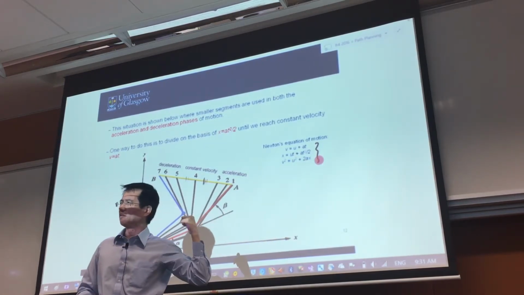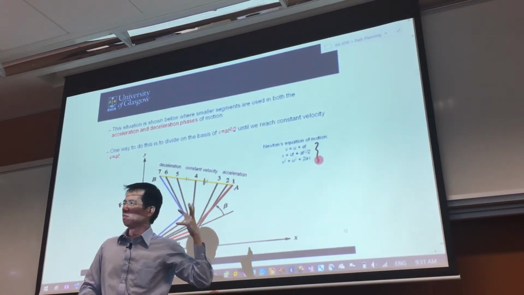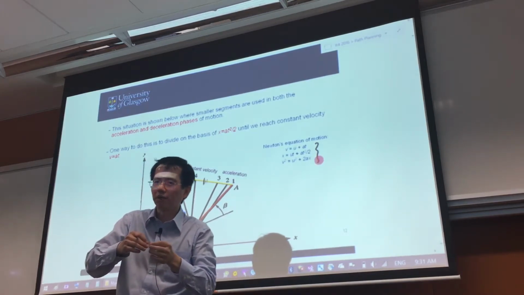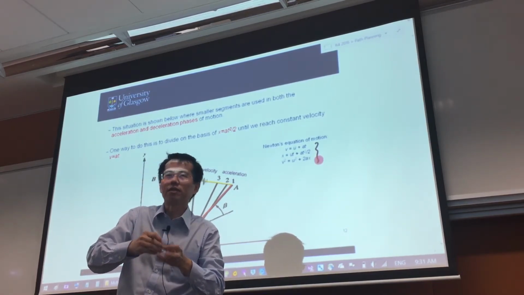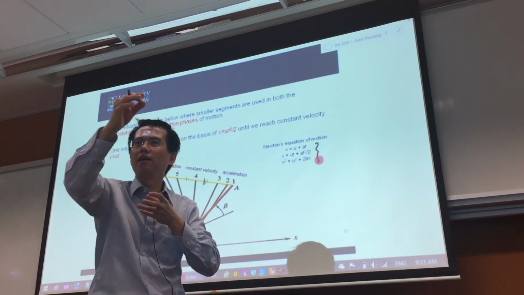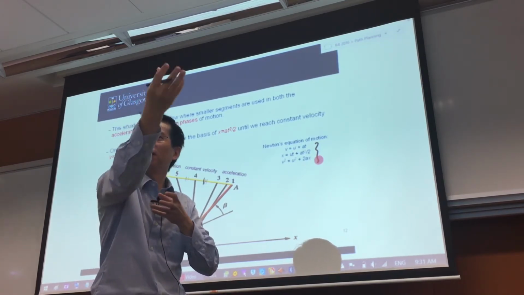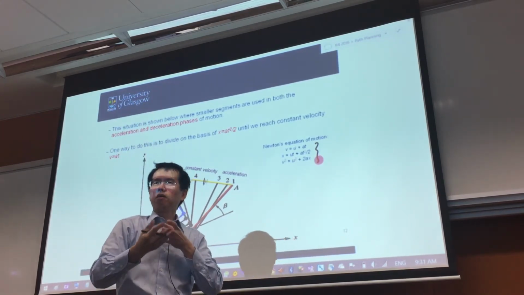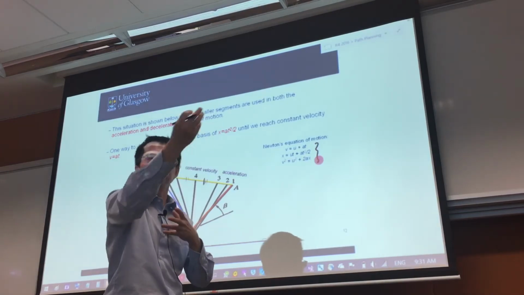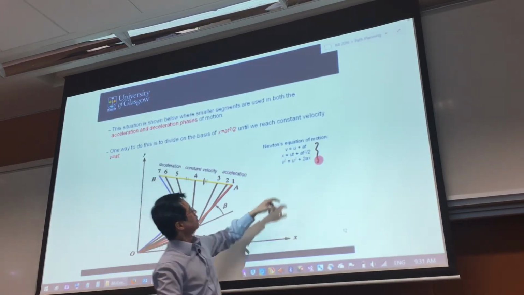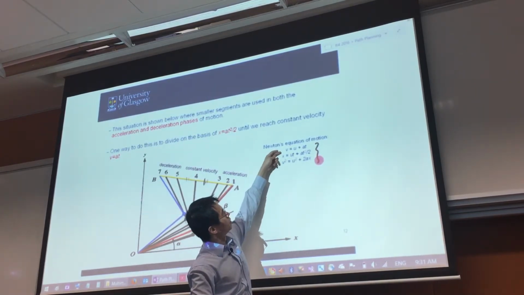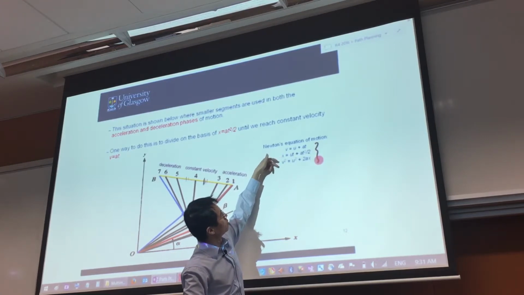You saw this before in your earlier education, where you use that to calculate, for an object flying through space, what is its final velocity, or what is its acceleration at a certain point in time. You'll make use of Newton's equations of motion, the laws of motion.